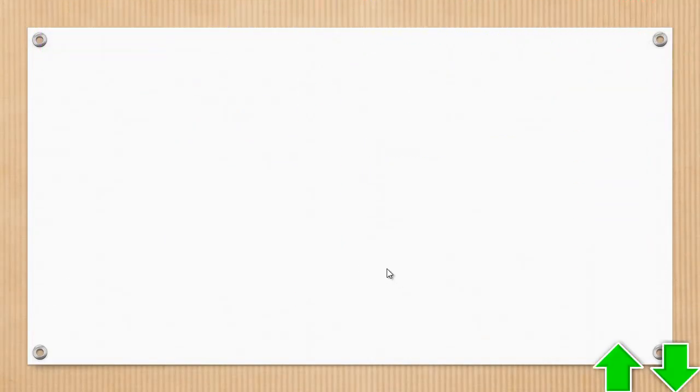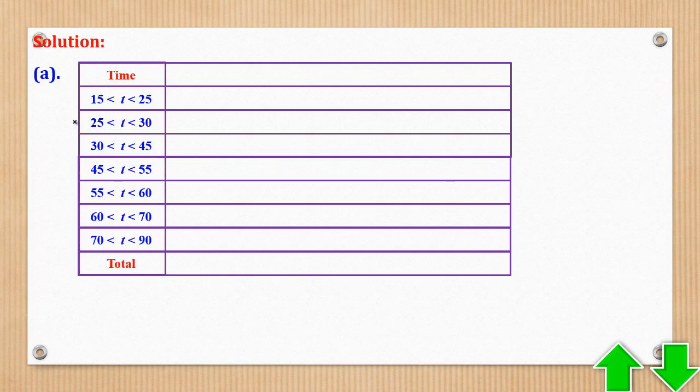So here we shall need to tabulate the time. We shall come and put the time. Then the frequency, and this is the total of all these ones.